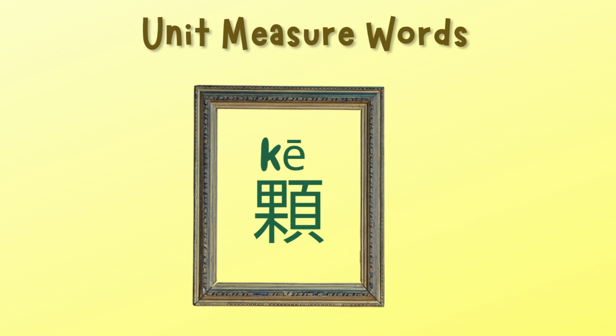The next measure word we're looking at is 颗. There are 2 measure words that are both pronounced as ke, but have different written forms and applications. The first one is the character 颗, which is a commonly used classifier in Chinese to count small, round, and solid objects, such as fruits, seeds, pills, and small electronic devices.